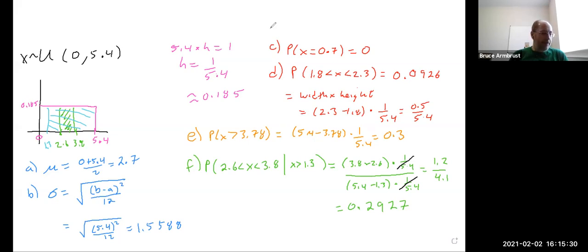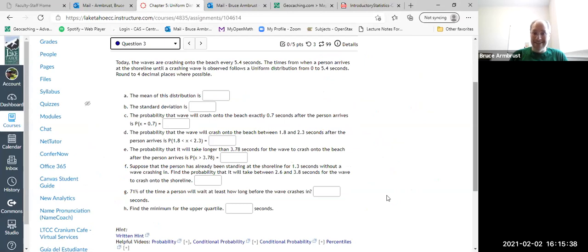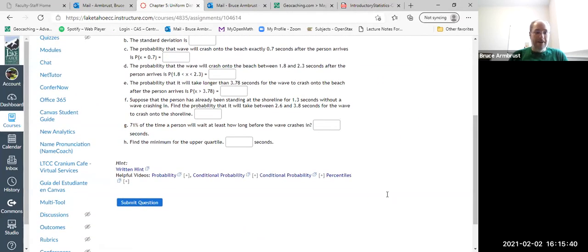All right, I've completely forgotten what the next question is. My notes don't really help me here. So let's go back and read what it says. And there's a lot to this one, right? Okay, so G, 71% of the time, a person will wait at least how long before the wave crashes in?